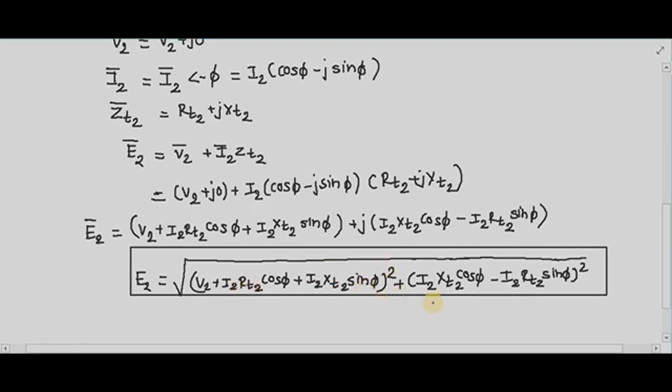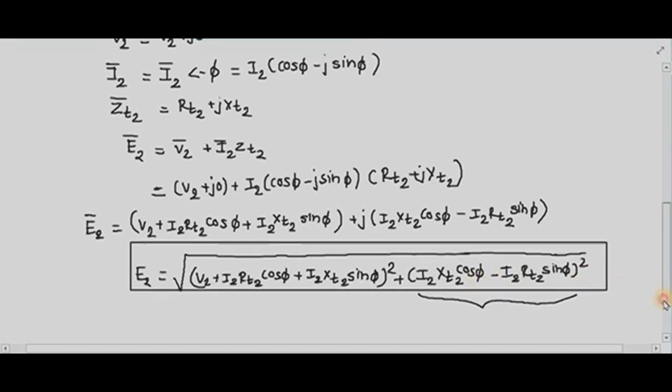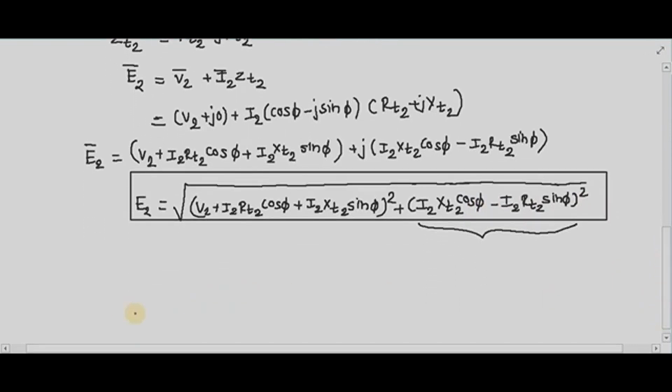Therefore, the difference I2 XT2 cos of phi minus I2 RT2 sine of phi is also very small and we can neglect it. If I neglect this difference, this gives me the approximate expression for E2 as follows.